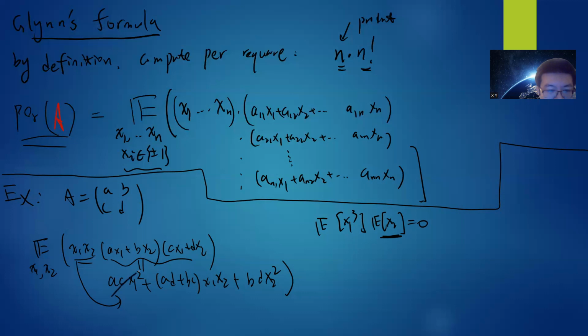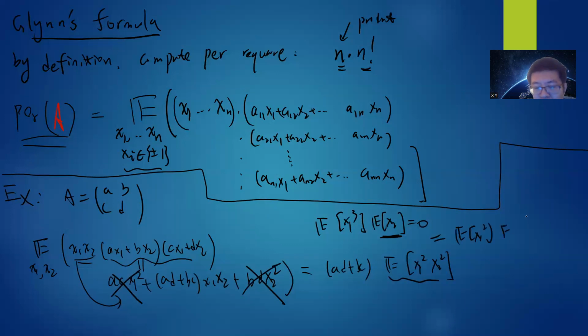So this term cancels, and for the same reason the other one cancels. The remaining term is (ad plus bc) times the expectation value of x1 squared x2 squared. These are independent, so it's the expectation of x1 squared times the expectation of x2 squared, and since they are all plus or minus 1, this is just 1. So you get ad plus bc, which is the permanent of A, B, C, D.